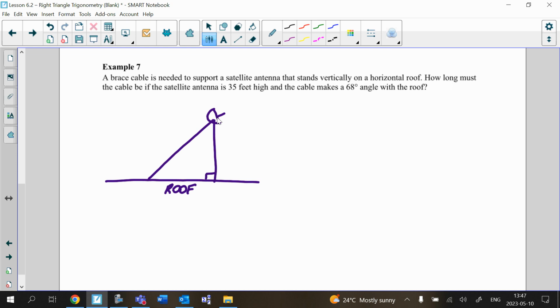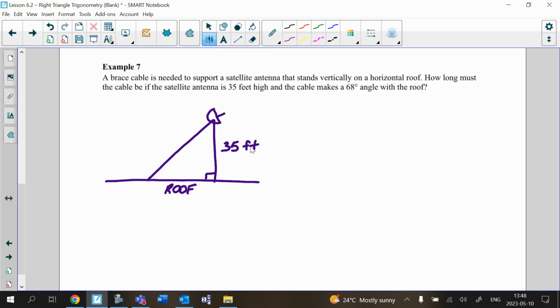So where's the 35 feet here? What represents 35 feet? Yes, because that's the height of the antenna. The bottom left angle is 68 because we're asked, remember, this is the cable.